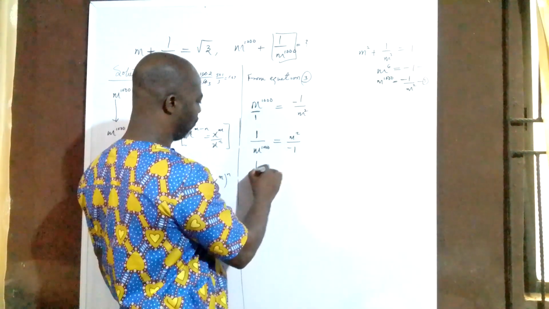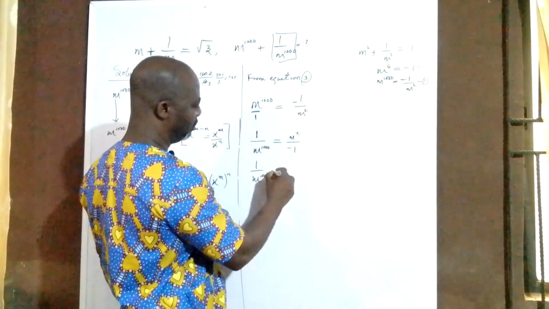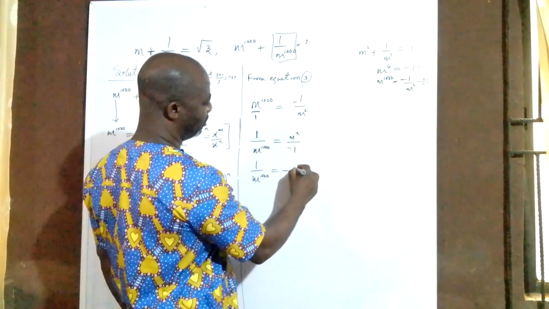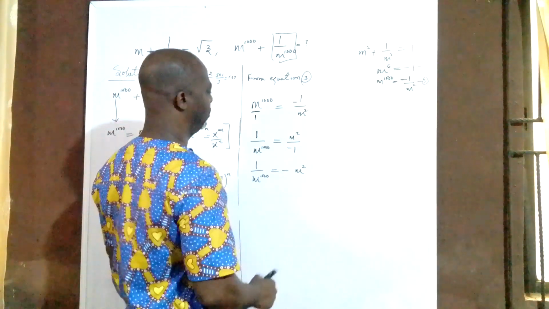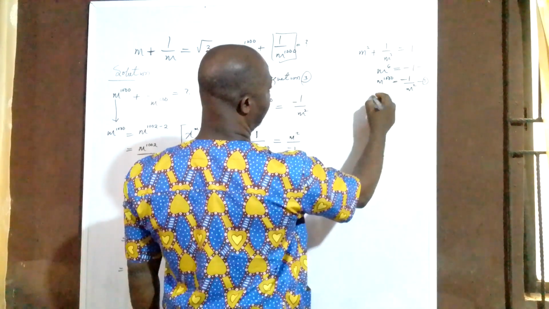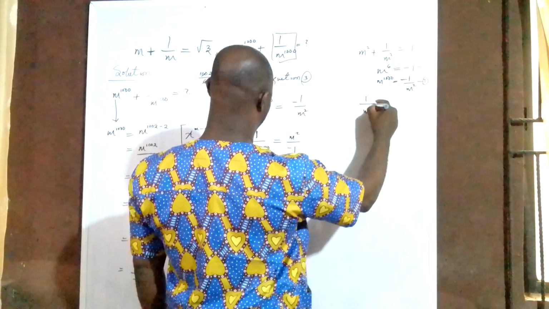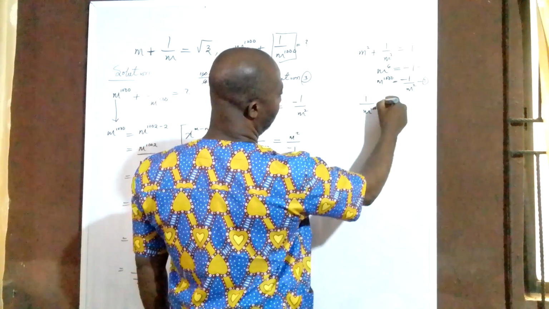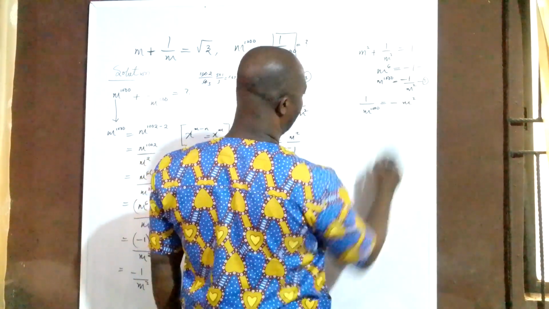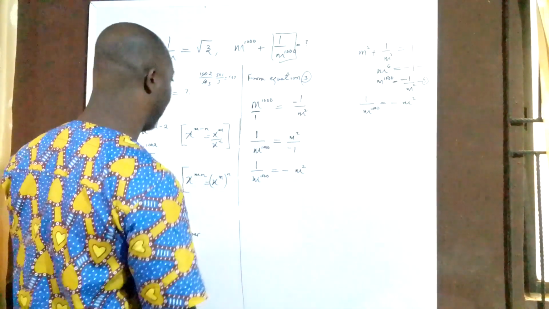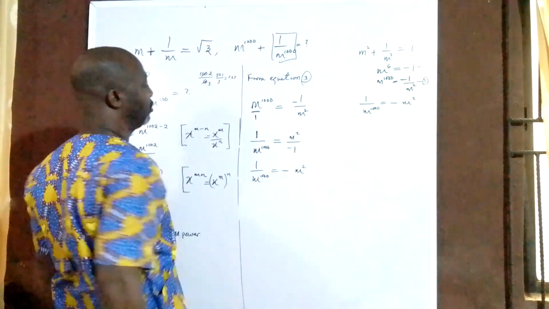So this will give me 1 over m to the power of 1000. It will simply give me minus m squared. So I put that one here. 1 over m to the power of 1000 is equal to minus m squared. Now let's go ahead and find the solution to this problem.